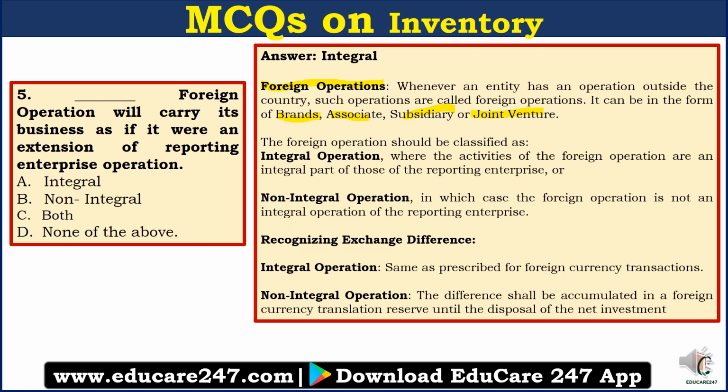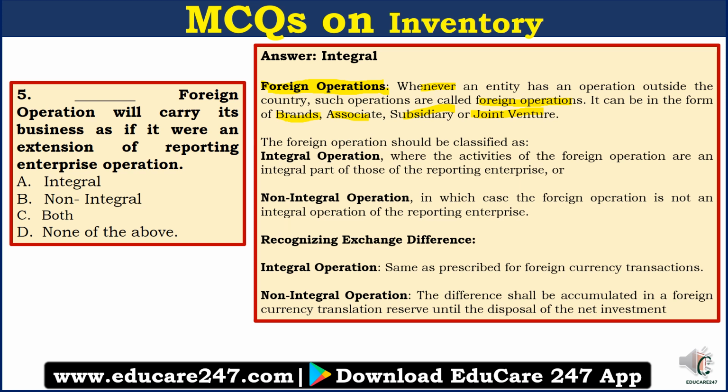Then that kind of association or joint venture is called your foreign operations. Whenever an entity has operations outside the country, such operations are called foreign operations. It can be in the form of branches, associates, subsidiary, or joint venture.